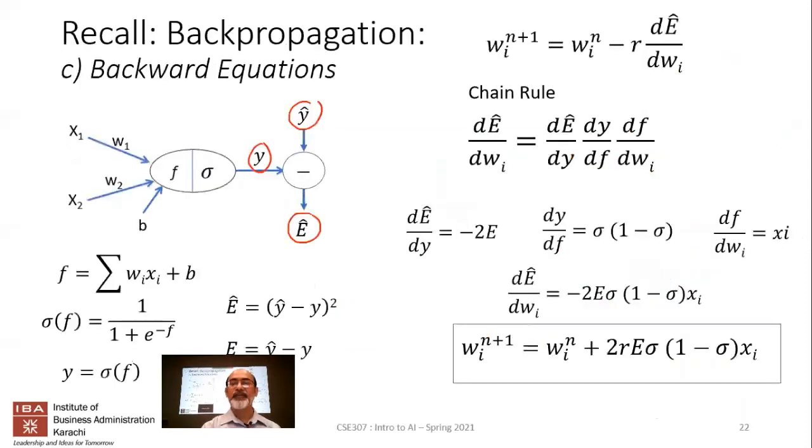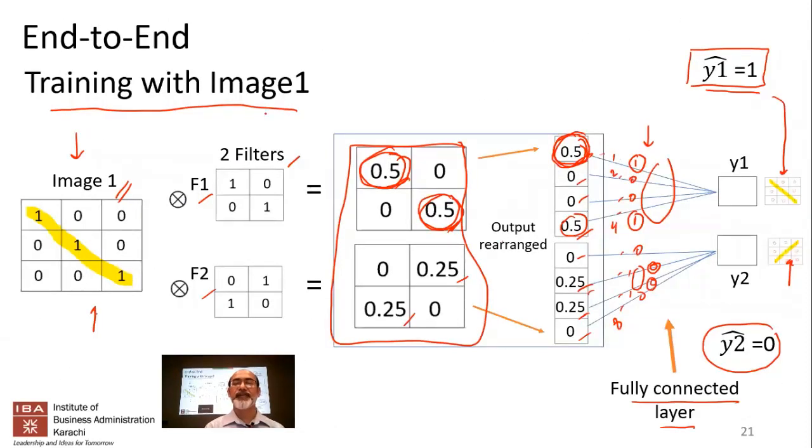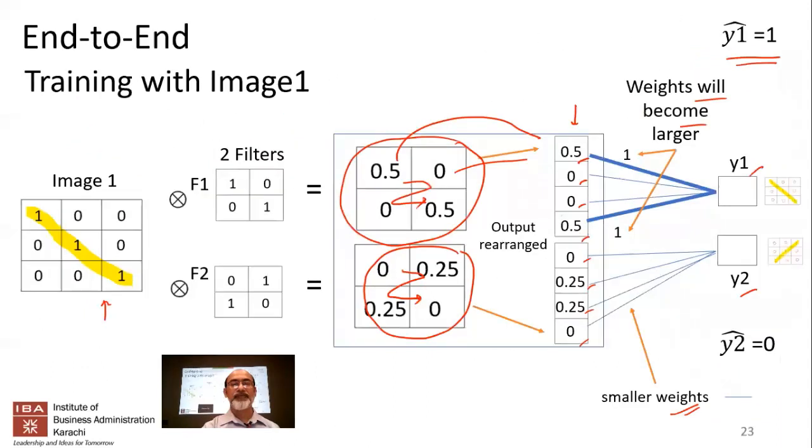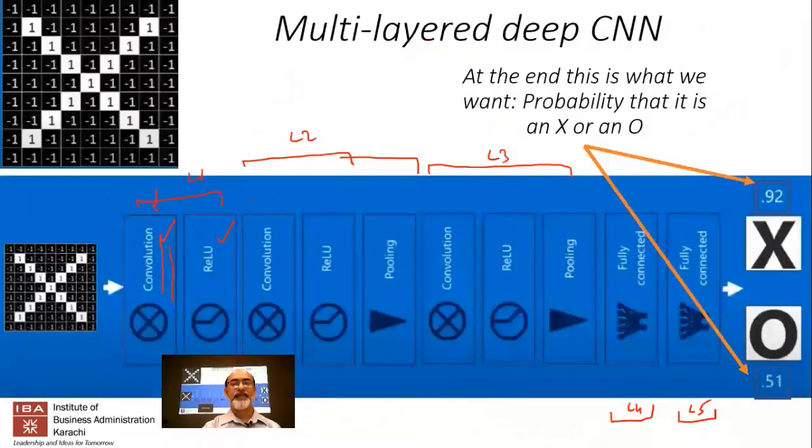So it has to not only decide what the filter should be, it should also decide at some point the output weights. So where are the training weights going to be? Over here, all the weights of the filters will have to be decided through backpropagation.